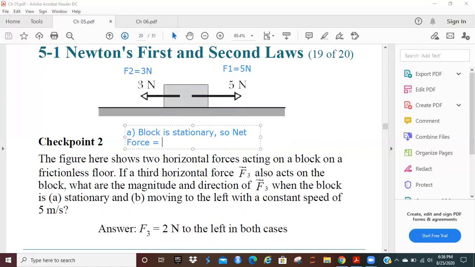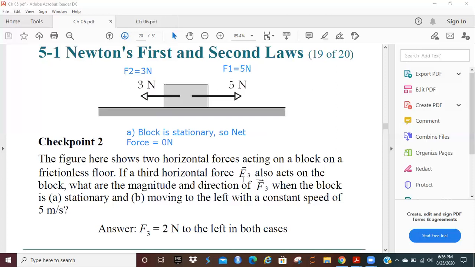What's the net force going to be equal to? I'm just talking about the net force. What's the net force going to be if the block is stationary? 0 because it's not moving. That's right. 0 newtons.